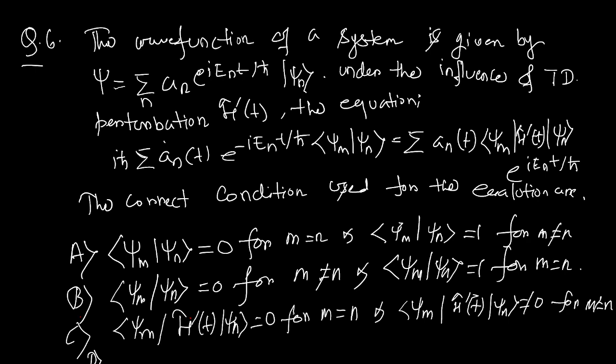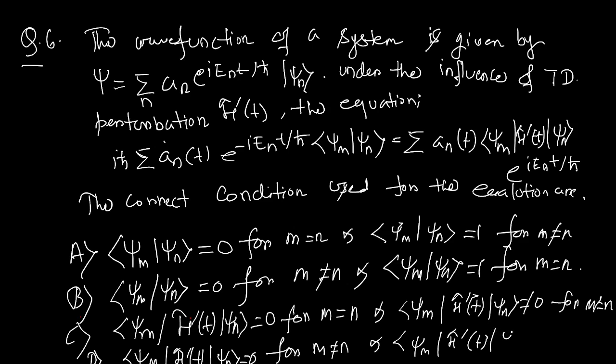D, psi_m H' psi_n is 0 for m not equal to n, and psi_m H' psi_n is equal to 0 for m equal to n. Now, the wave function uses a basis set psi_m and psi_n.